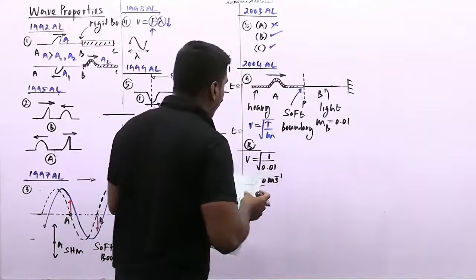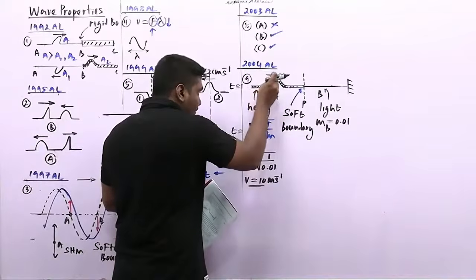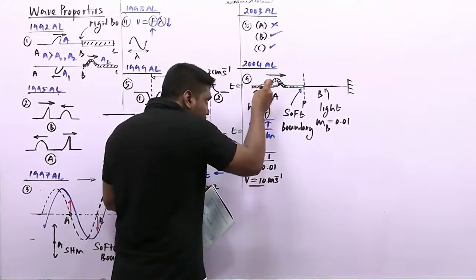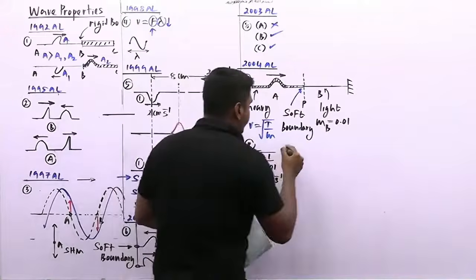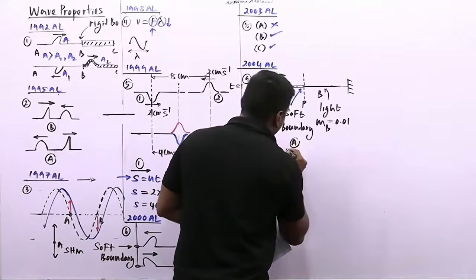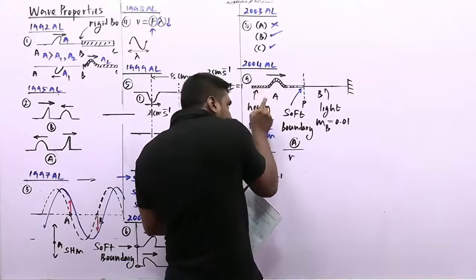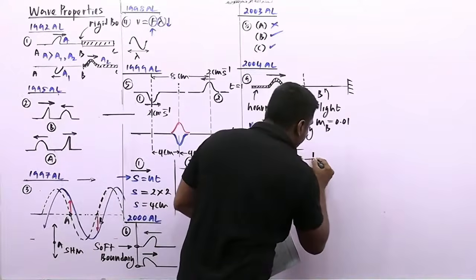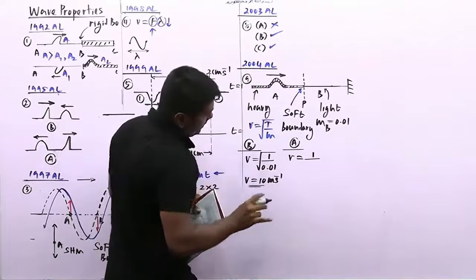Also, I'll find the velocity of the transverse wave propagating in the stretched string A, the heavy string. Then capital V is how much? The velocity of the transverse wave propagating in the heavy string is the square root of T over mu. Tension force is 1. Linear density of the heavy string is 0.04.